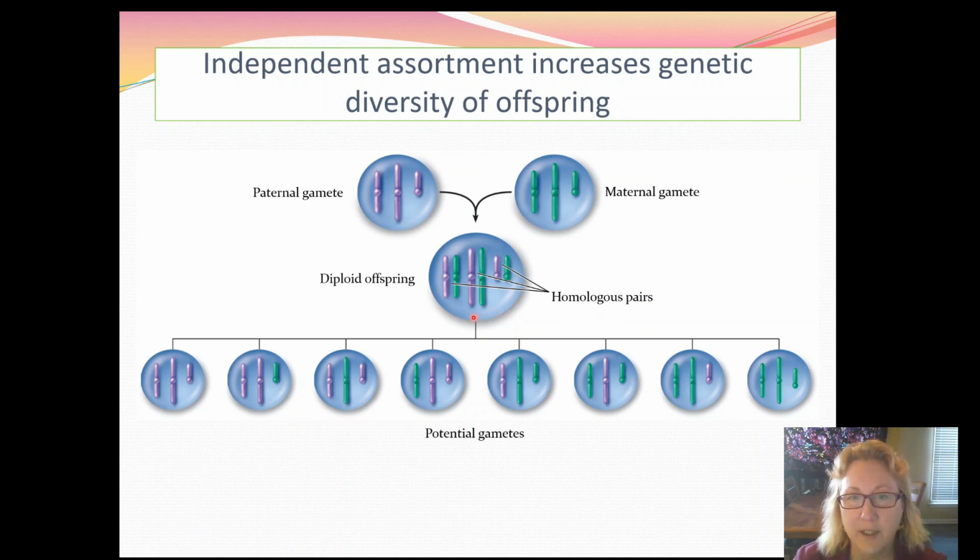And when the gametes form, the maternal and the paternal chromosomes are different colors here. If it's a diploid species that has 3 pairs of chromosomes, that means we have 8 possible gametes that can be formed, 8 possible haploid gametes with different combinations of the maternal and paternal chromosomes.